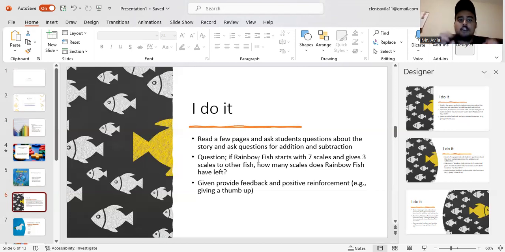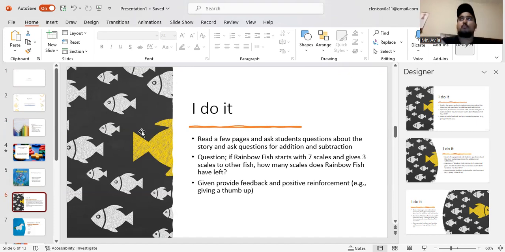Another question. If Rainbow Fish has 7 scales and gives 3 scales to other fish, how many scales does Rainbow Fish have left? Count by 7, boys and girls, and then take away 3. So let's say for example, I have 7, and then take away 3.